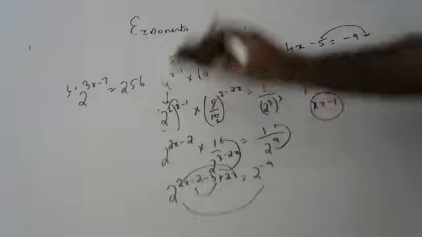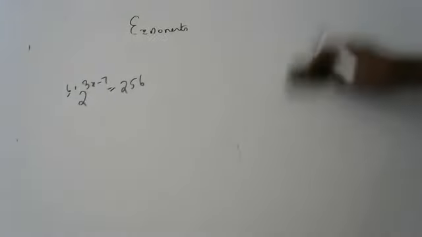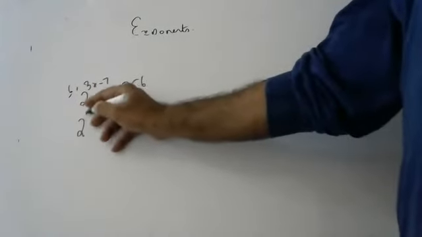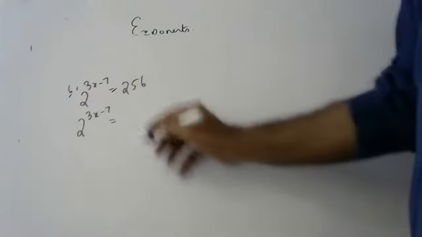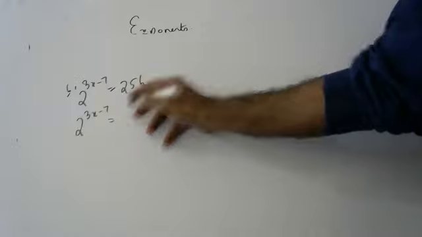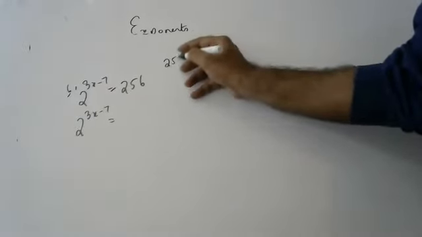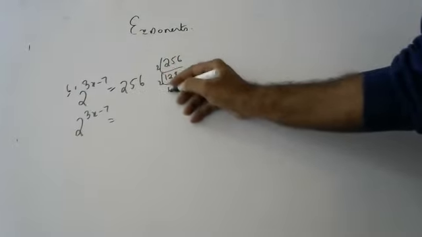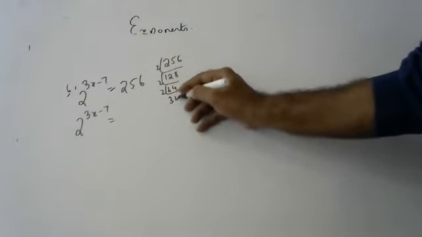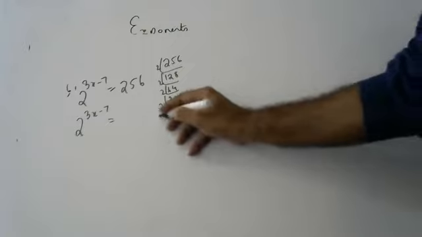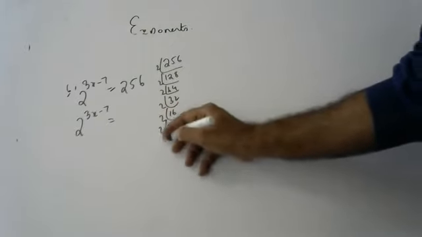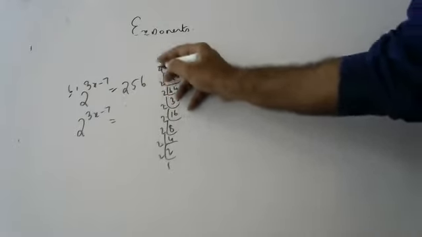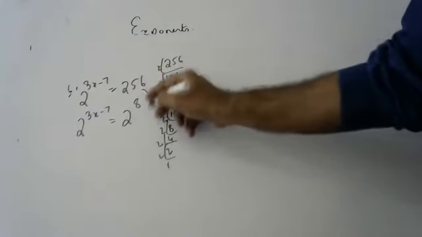2 to the power of 3x minus 7 is equal to 16 square. 256 you have to make into 2 form. 256, 128, 64, 32, 16, 8, 4, 2, 1. 2 to the power of 8 is 256.